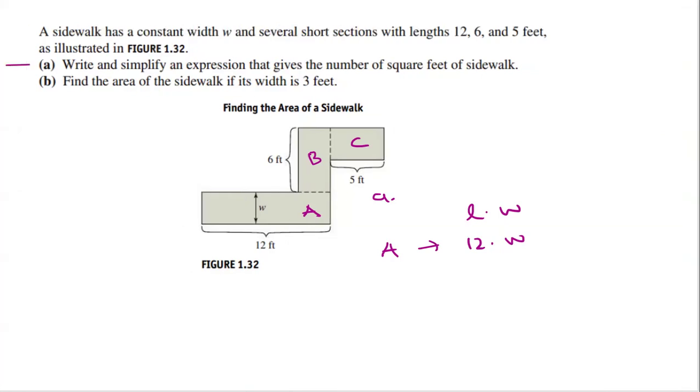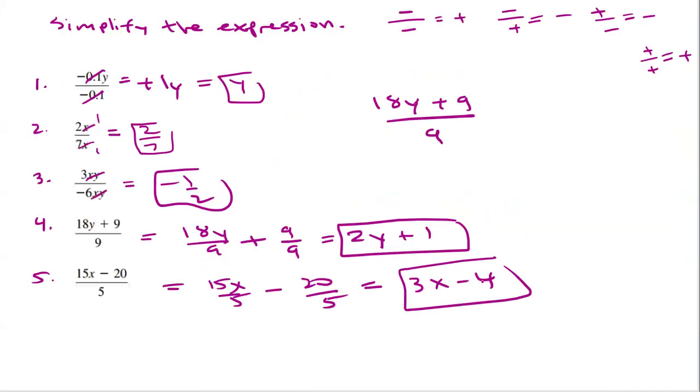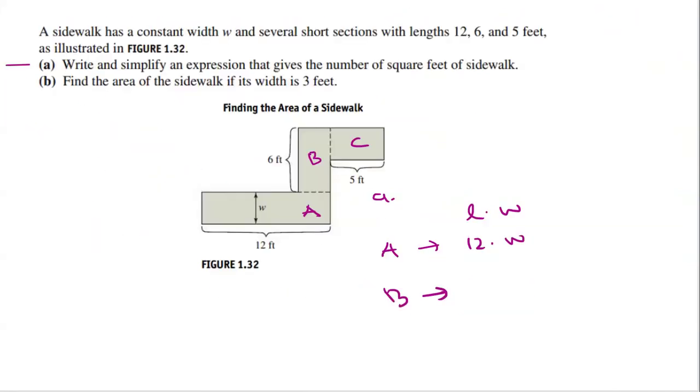Then for B, same thing. The length here is going to be 6. And then the width, this is our width. The width is going to be W. I don't know if you can see that.